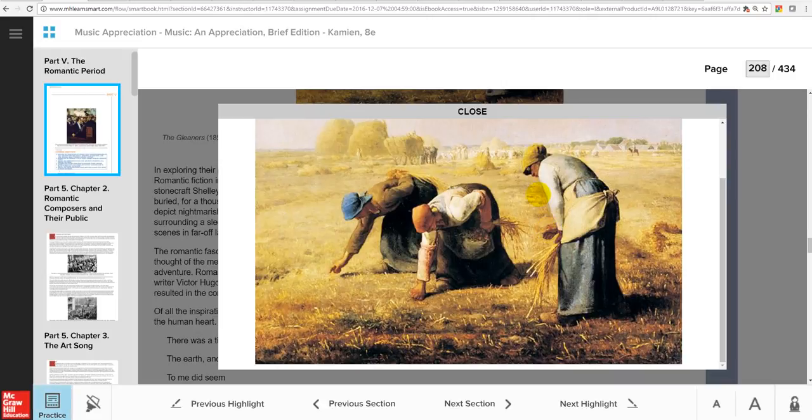Now, this is a very important painting because up to this point, we've mostly seen paintings depicting people of the nobility, the church, or some kind of class above the common people. For the first time, really, in art and society, we are seeing the working class being represented a lot more in art.